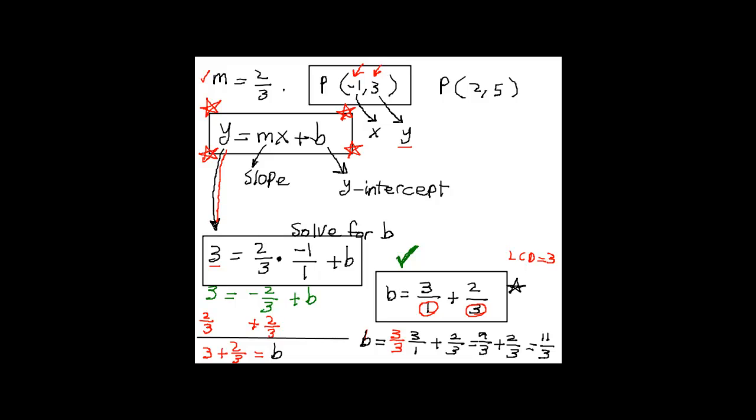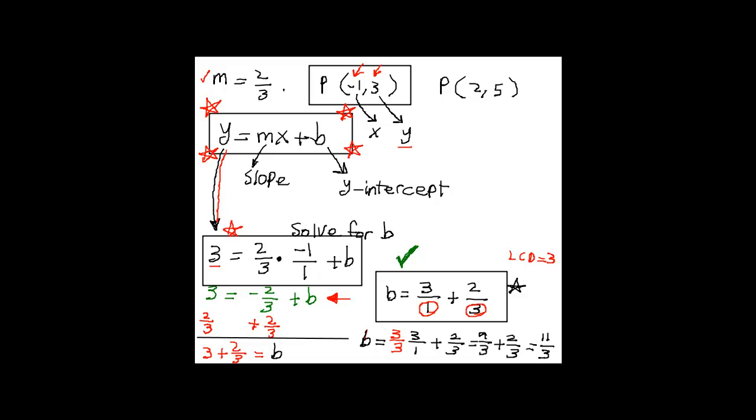Now Maria's asking, when we get to this point here, 3 is equal to minus 2/3 plus b, why are we adding 2/3 and not multiplying by the reciprocal? That's the question.